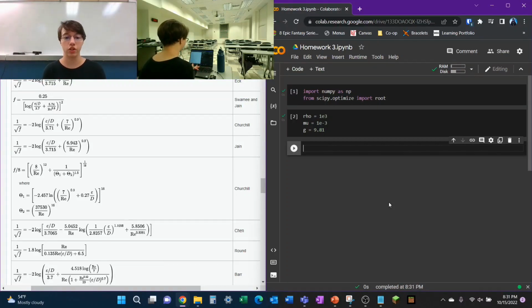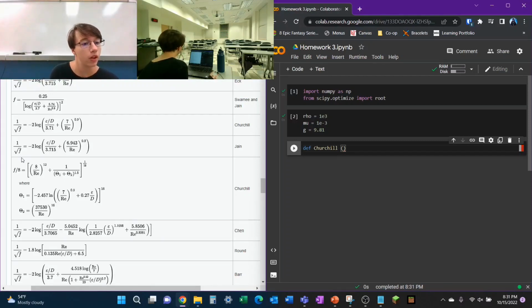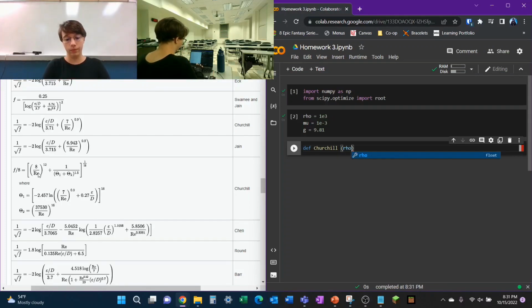So now we can work on putting our Churchill equation in there. We're going to define a function for that, and we'll call it Churchill. This equation is going to need to take in the Reynolds number.